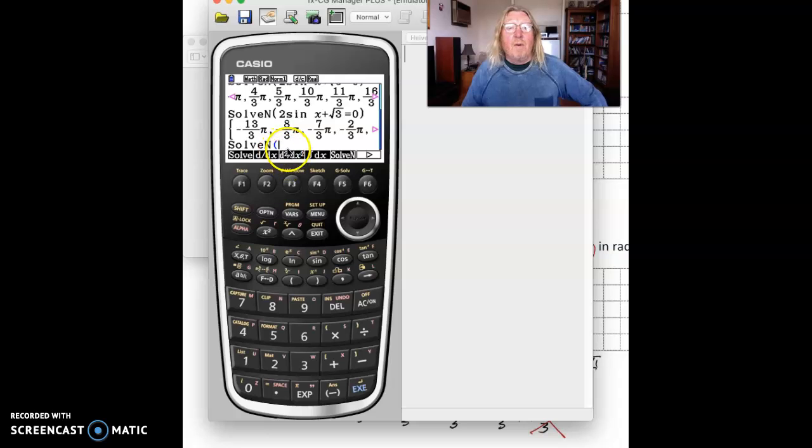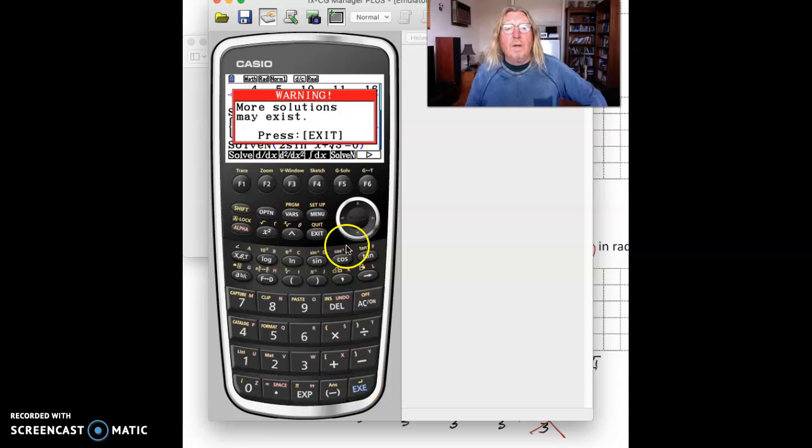And then we put in our equation, which is 2 sine x plus root 3 equals, remember, equals is down here, equals 0. And then close off the brackets and then hit execute.